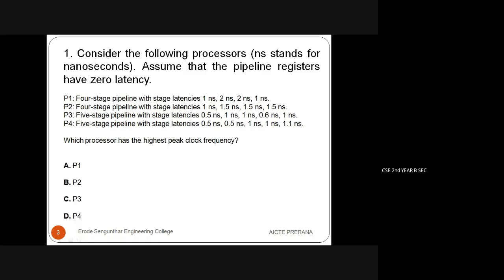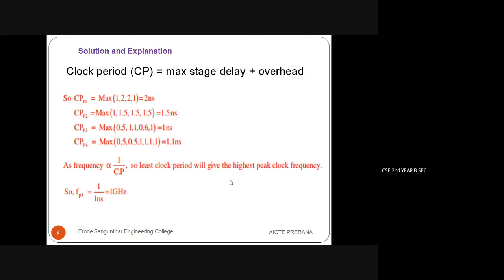They have given 4 processors and the stage latencies at each stage. Of the 4 processors, the first two have 4-stage pipelines with latencies, and the next two have 5-stage pipelines with latencies. We have already discussed these kinds of formulas, so let us have a look at this.